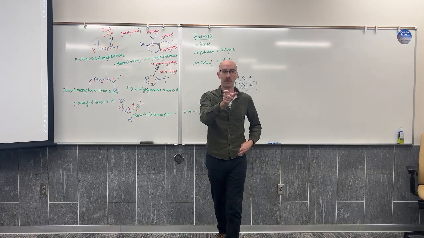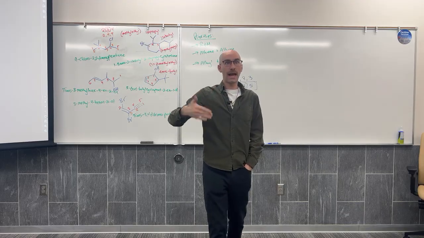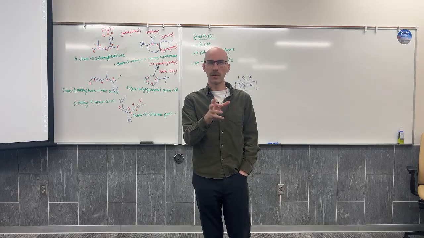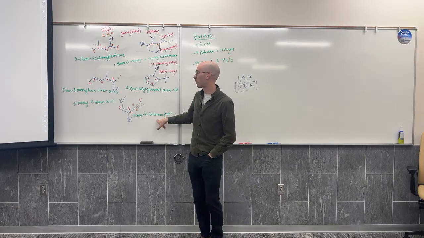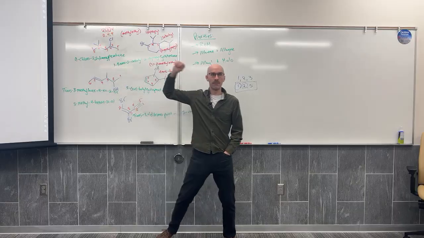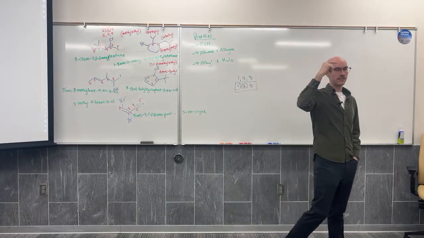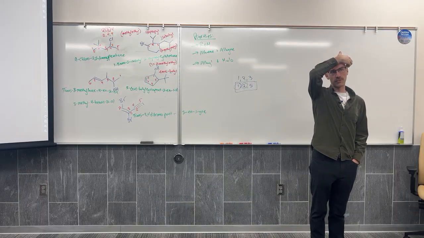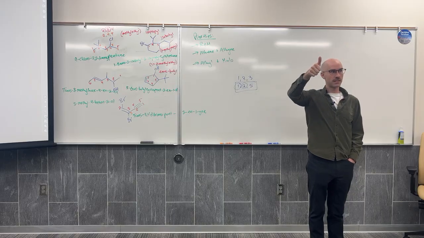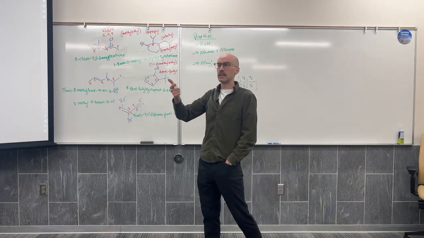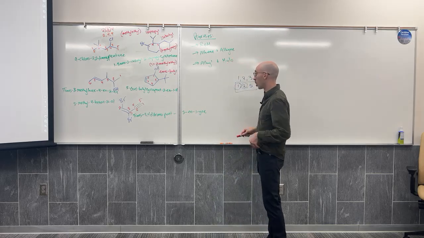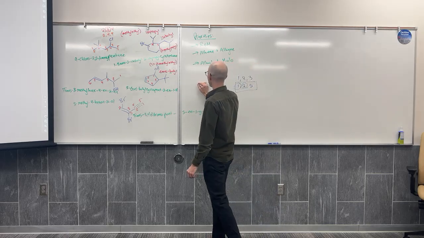We add that multiplier to be as specific as possible. It is a little redundant, and that's okay. 3,4-dibromo, 2,2-dimethyl. That answers your question, right? Multipliers say how many of a specific substituent, and we need locants for all of them.